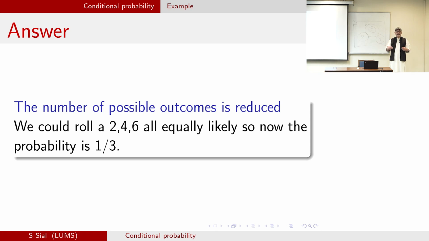So the probability that you've rolled a 4 is one outcome out of 3 equally likely outcomes, so 1 over 3. So the probability of rolling a 4 and the probability of rolling a 4 given that you have rolled an even number are two different numbers.